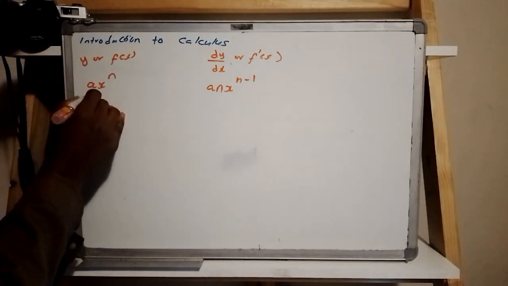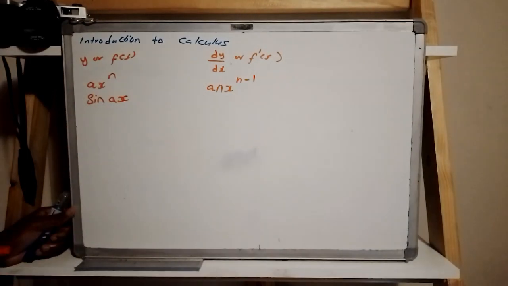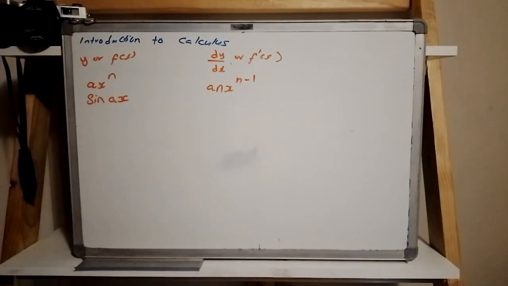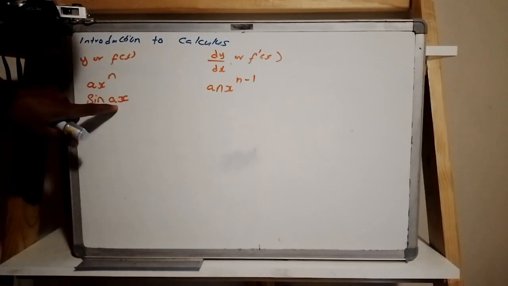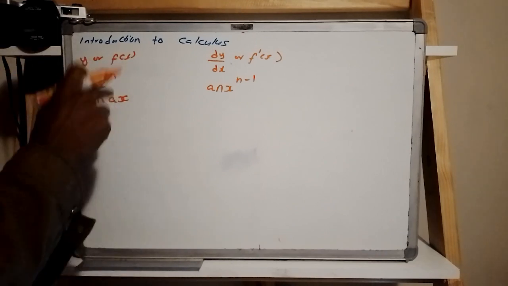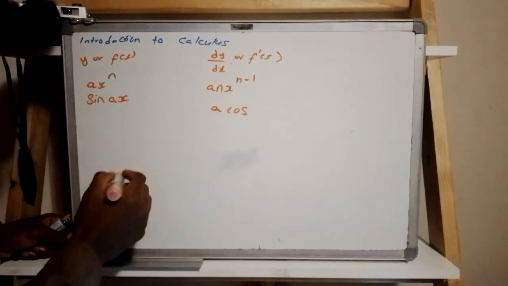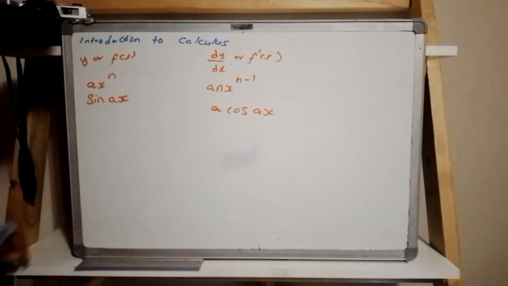When I differentiate sine of ax, a can be any number. It can be 2, 4, 6, 8, any constant. When I differentiate this, I'll get a cos of ax.